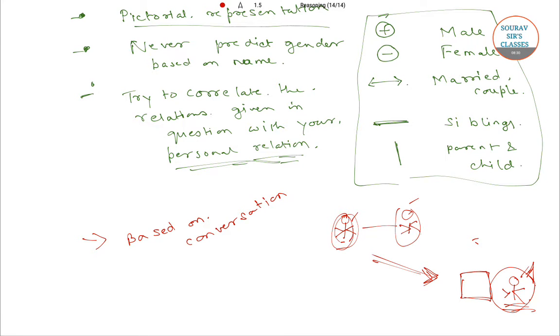For example, he can say that this person is your father's mother's husband.